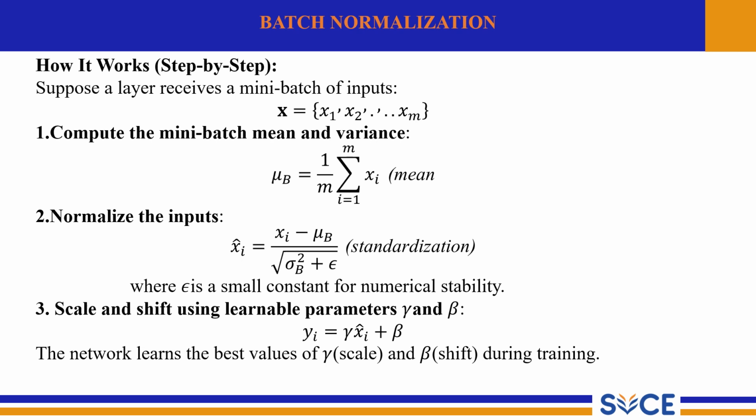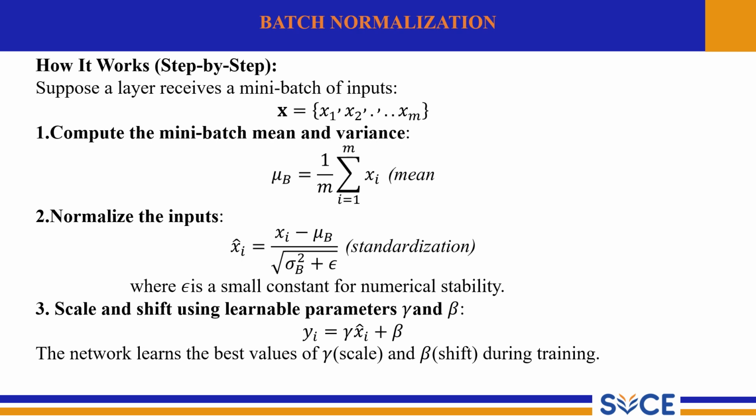Third step is normalizing the input. Each input is standardized using the formula xi hat = (xi minus mu_B) divided by the square root of (sigma_B squared plus epsilon).